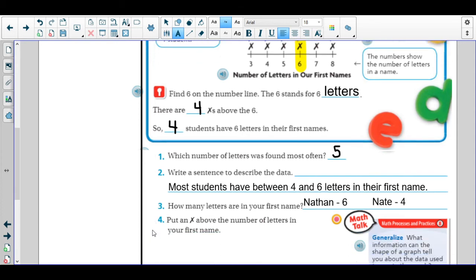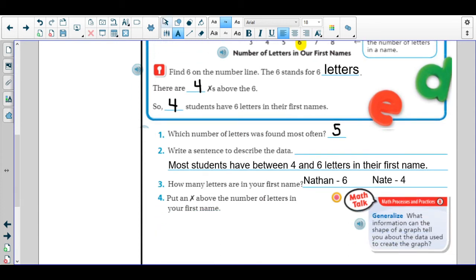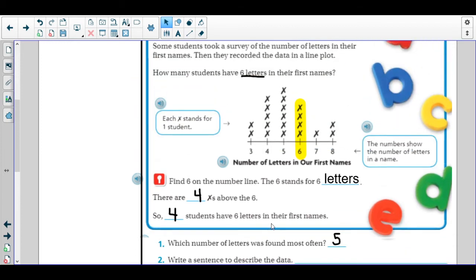So that's for me personally. Go ahead and fill that out for yourself. And then put an X above the number of letters in your first name. So I can come right on up here and put it wherever it belongs. I'm going to go ahead and put another X because this is my God-given birth certificate name. So I would go ahead and put another X right there.